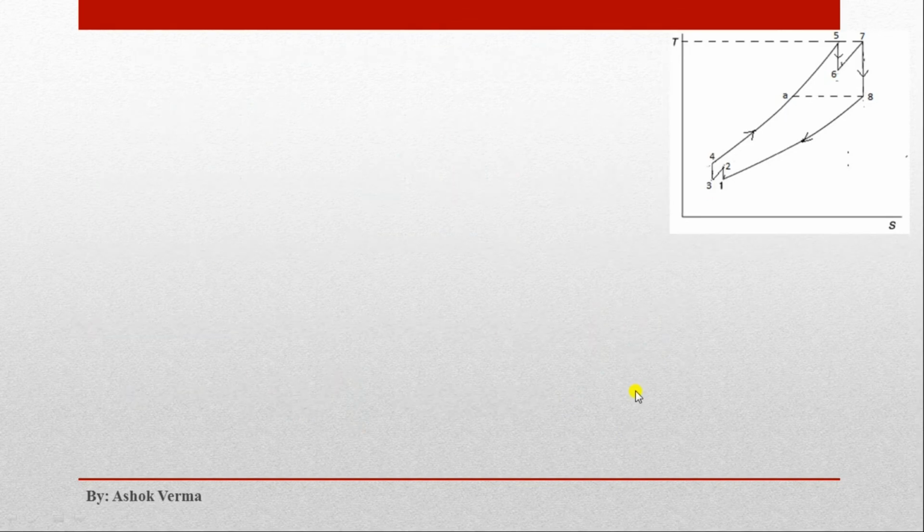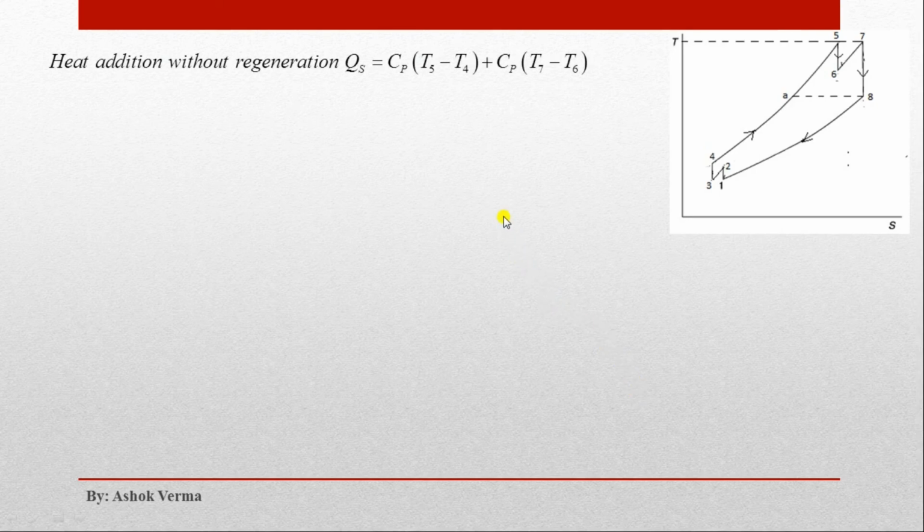So we have calculated WT1 and WT2. Now we have to calculate the heat addition without regeneration. If you are not using the regenerator, then what will be the heat supply? You are supplying the heat from 4 to 5 and 6 to 7. So the net heat addition will be equal to Cp into T5 minus T4 plus Cp into T7 minus T6, and you have calculated all the temperature points.